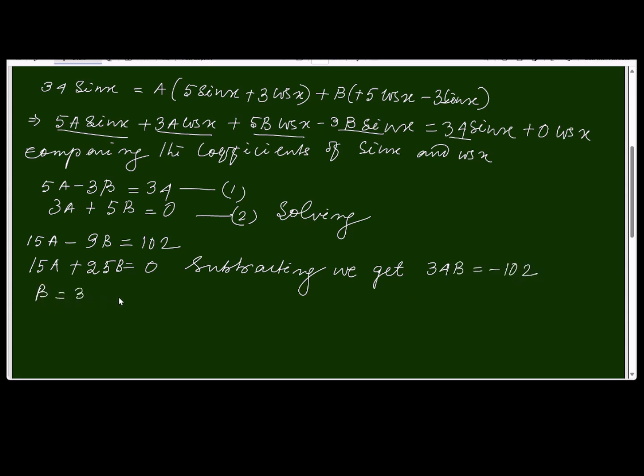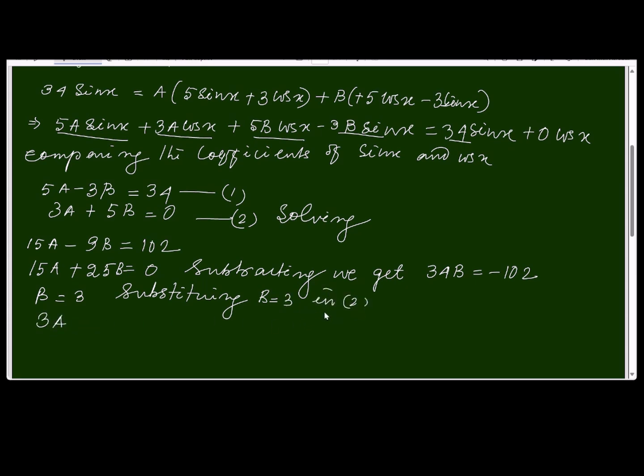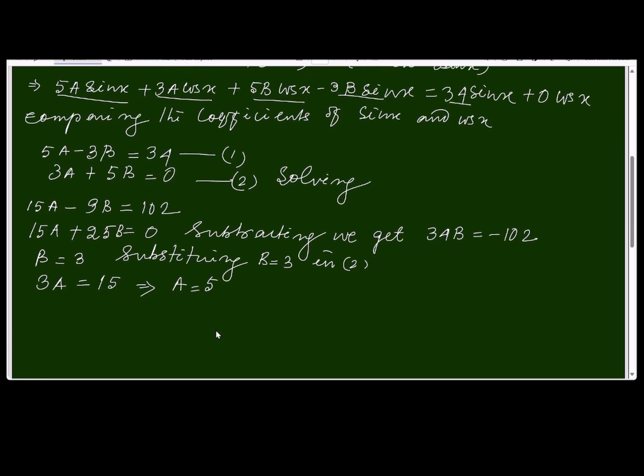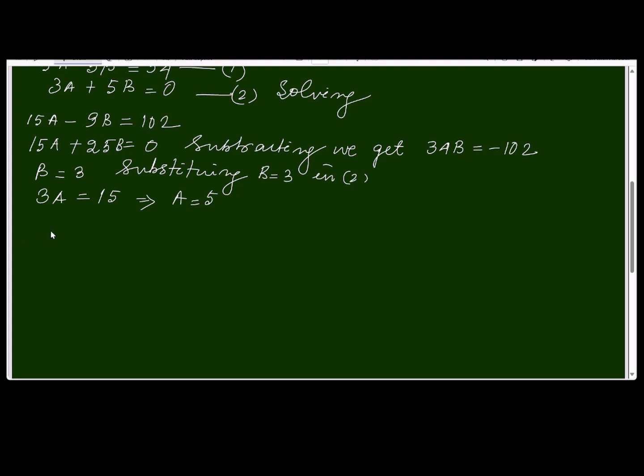Now putting in equation 2, we get 3a equals 15, or a equals 5. So we'll take the numerator with two components. The equation was 136 over 34. It can be 4, 5 by 4.